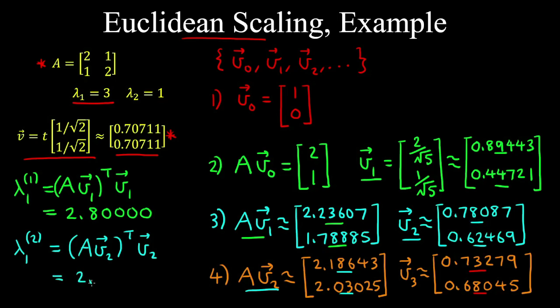So that'll give you 2.97559. So you can see the approximation to the dominant eigenvalue is getting better. So I'll leave it for you to carry out more steps as an exercise, and you'll get better and better approximations to the dominant eigenvalue and eigenvector.